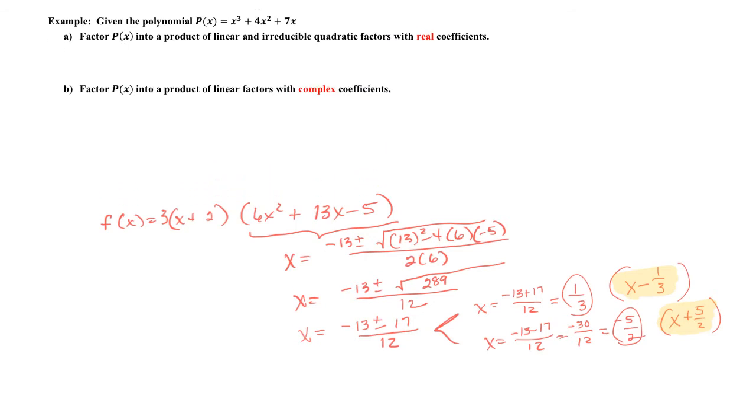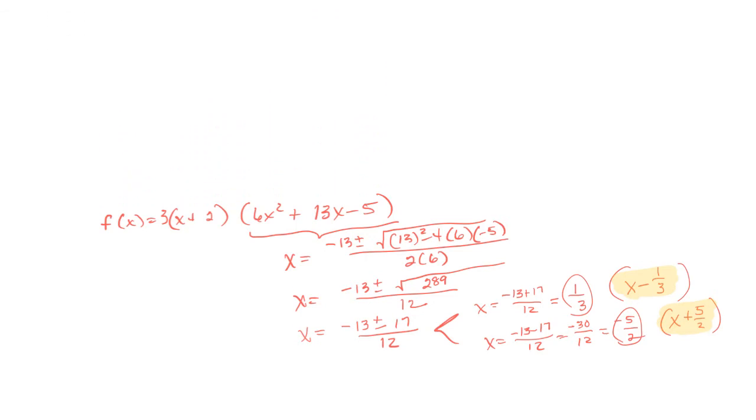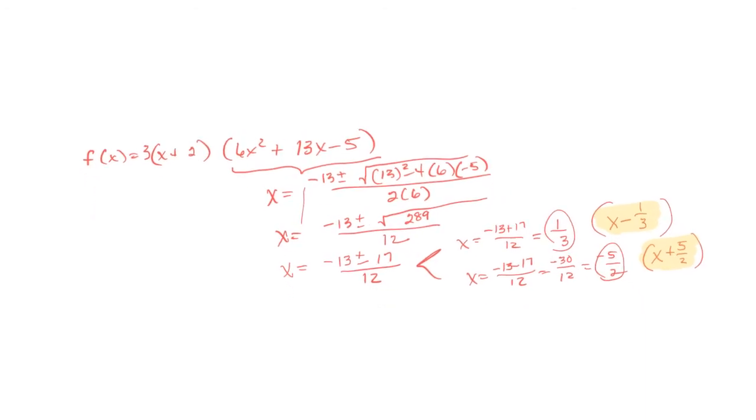So when that's factored, I can't have any fractions. So all the way back down at the bottom here, if I continued on this path, let's assume we continue to factor this and we said f of x equals, and I'm just going to bring these down, 3 times (x plus 2), and then times my factors, (x minus 1/3) and (x plus 5/2).